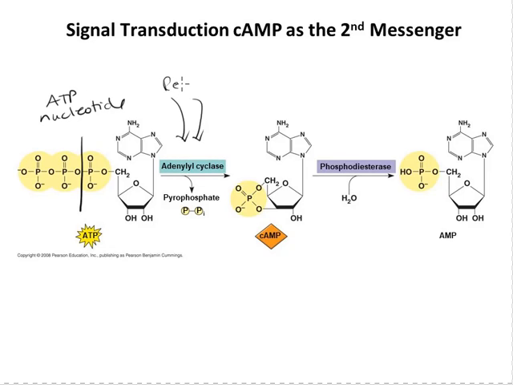Cyclic AMP, once produced, allosterically activates or inhibits specific enzymes, which leads to specific cellular responses. We'll see an example in epinephrine signaling in the next video.